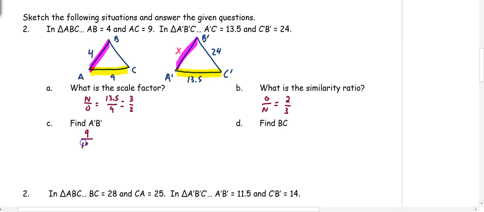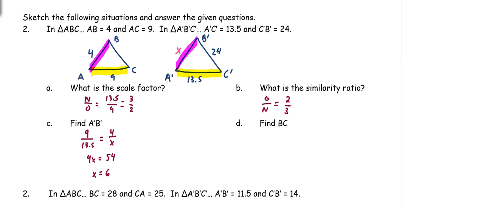So I have 9 over 13.5 for my yellow sides, and then I have 4 over x, and now I can cross multiply. So when I cross multiply, I get 9x equals 4 times 13.5, which is 54, and I can divide by 9, so x equals 6.